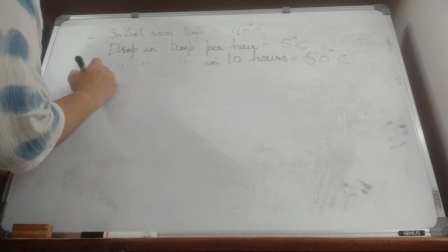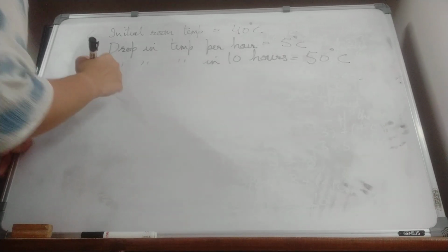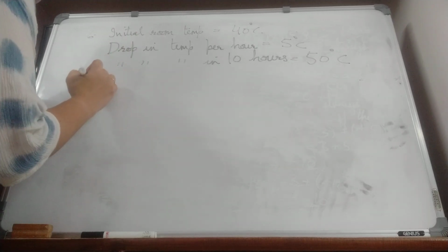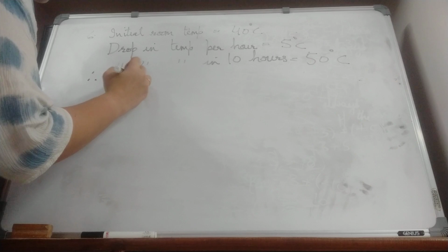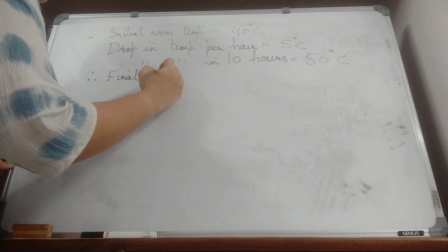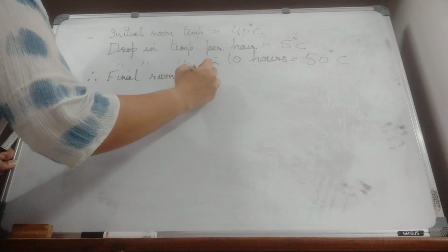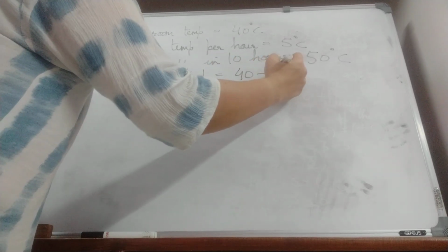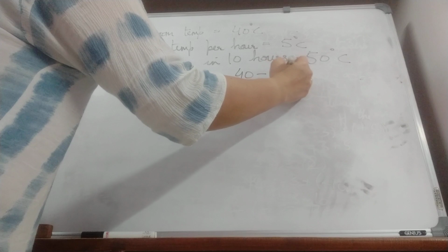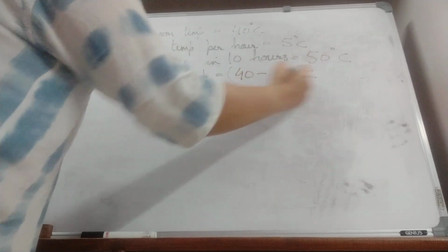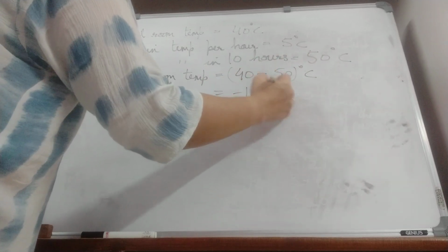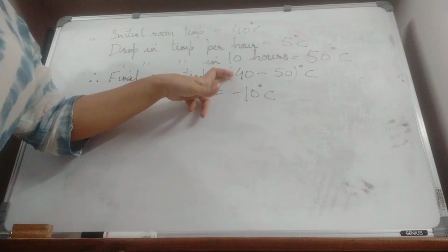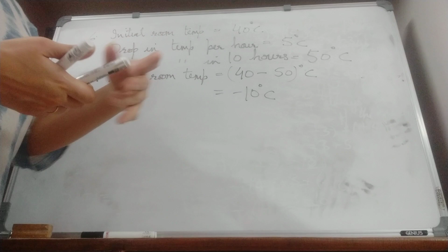So you can say, therefore, final room temperature is equal to 40 minus 50 degrees Celsius, which is minus 10 degrees Celsius. Now please understand, 40 was the initial temperature and it reduced by 50.